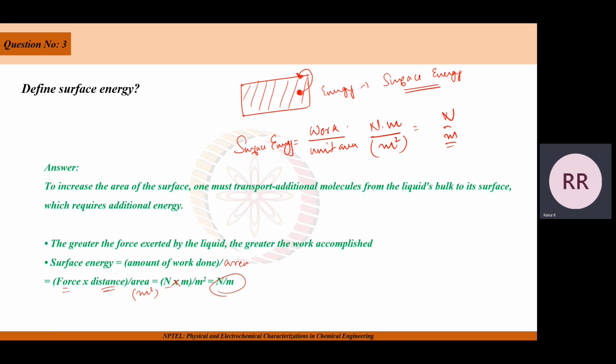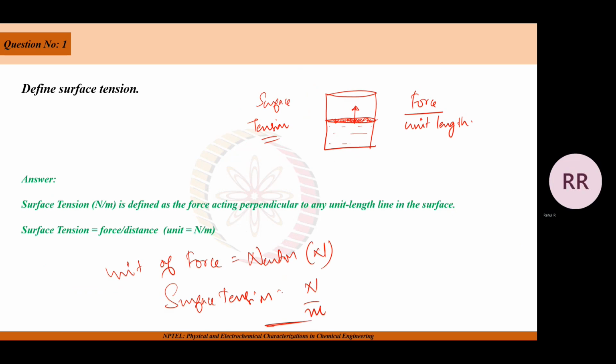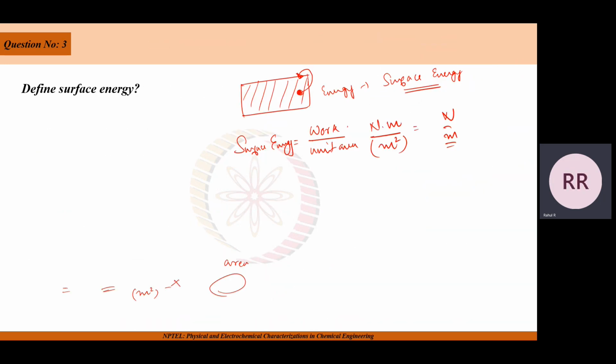In the previous slide we were talking about surface tension. Surface tension is force per unit length, so the units of both are the same. Let's go back to the previous slide. Even though the units are the same, the basic definition is different.